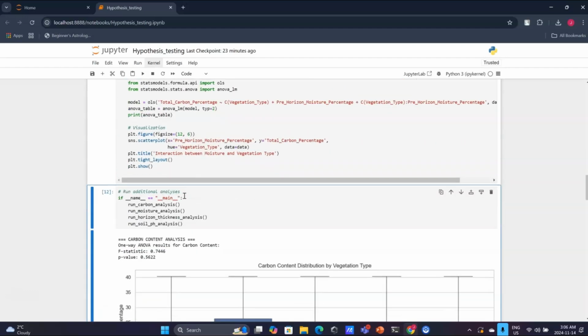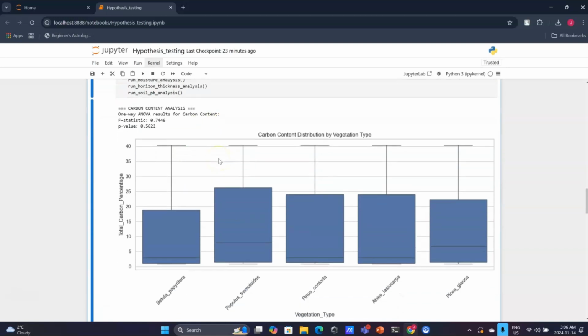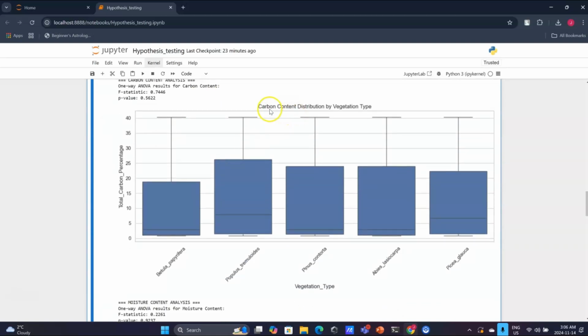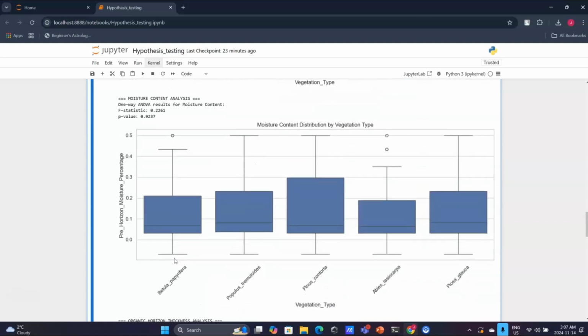These are the insights we got: in the carbon content, the species Populus tremuloides has the highest carbon content, and Betula papyrifera has the lowest carbon content. For the moisture, Pinus contorta has a very high moisture.